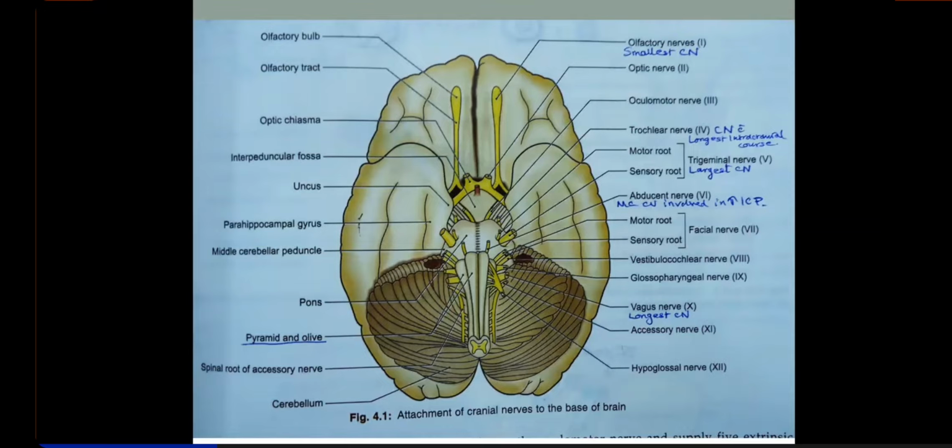But in trochlear nerve, what happens is that if trochlear nerve nucleus on the right side is injured, there will be paralysis of the superior oblique of the opposite side. So this is a special case where, in case of lower motor nerve injury, the paralysis will be of the opposite side. So that was about trochlear nerve. These two nerves are arising from the midbrain.